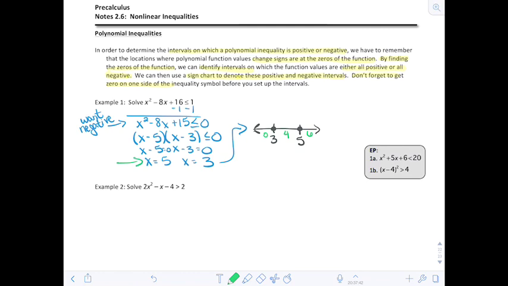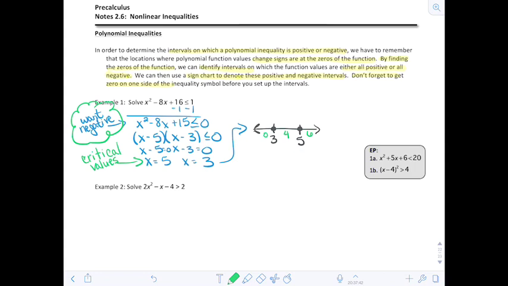So again, I have these critical values, which I place on the number line. And then I'm going to use that to look at the different intervals along the x-axis where my function is positive or negative, and we are looking for negative results.